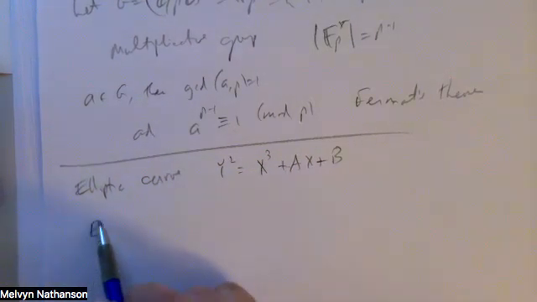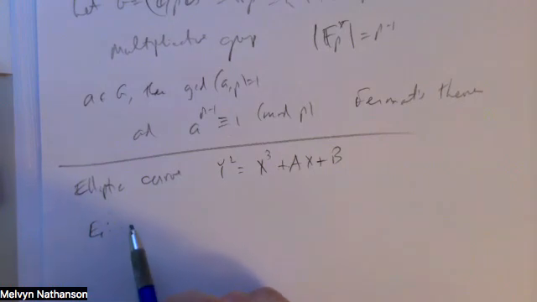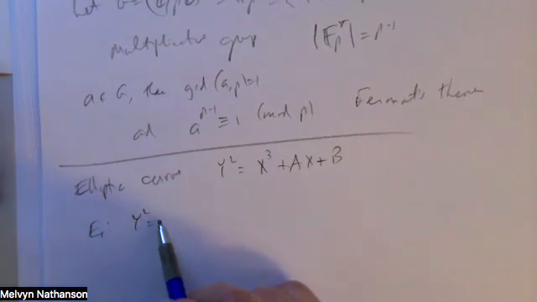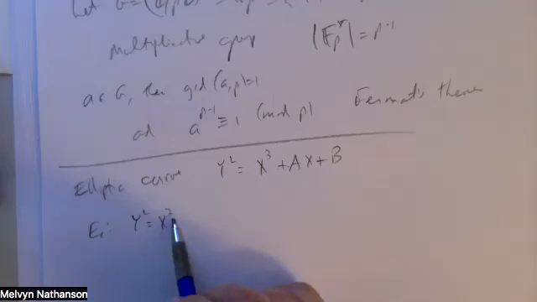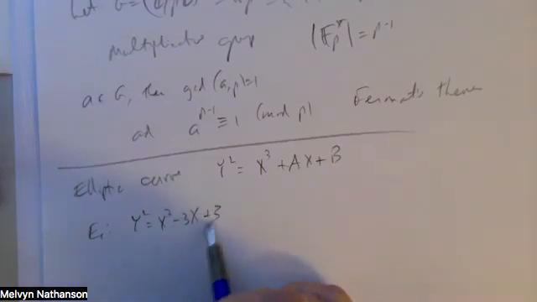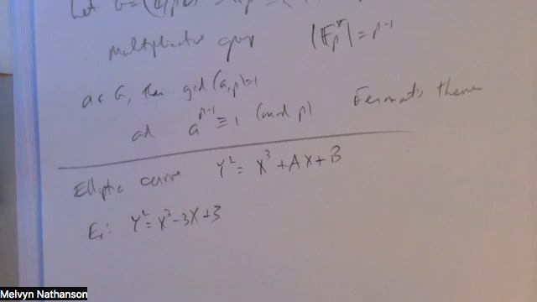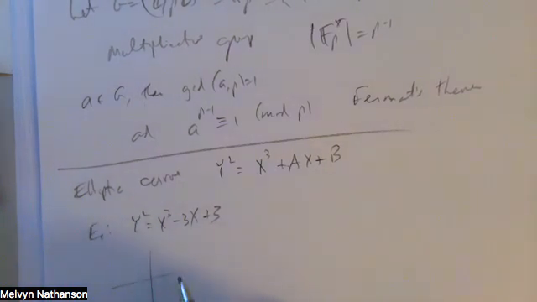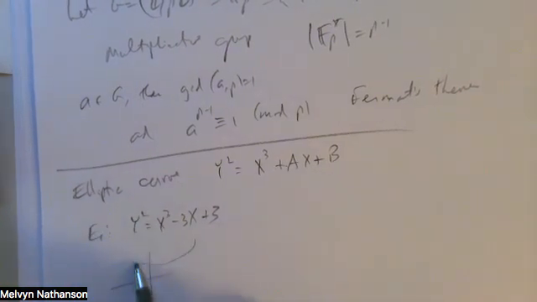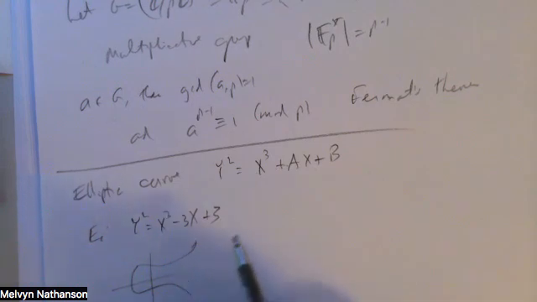So for example, if we take the elliptic curve E1 to be y squared equals x cubed minus 3x plus 3, it's hard to graph these by hand. The computer can graph it. But this is a curve. It looks like that.